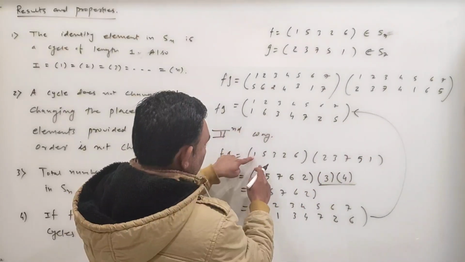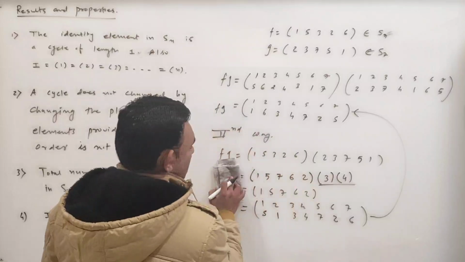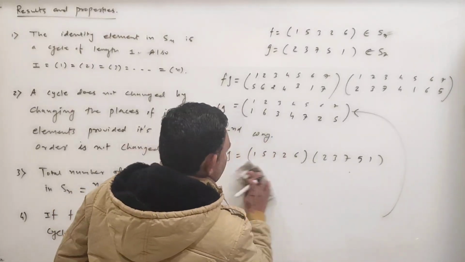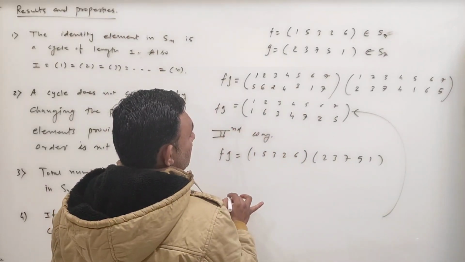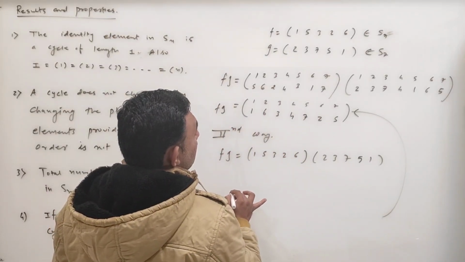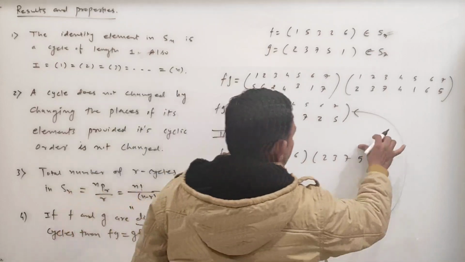Then 1 goes to, okay, let me rewrite again. Fine, okay, let me consider it this way.